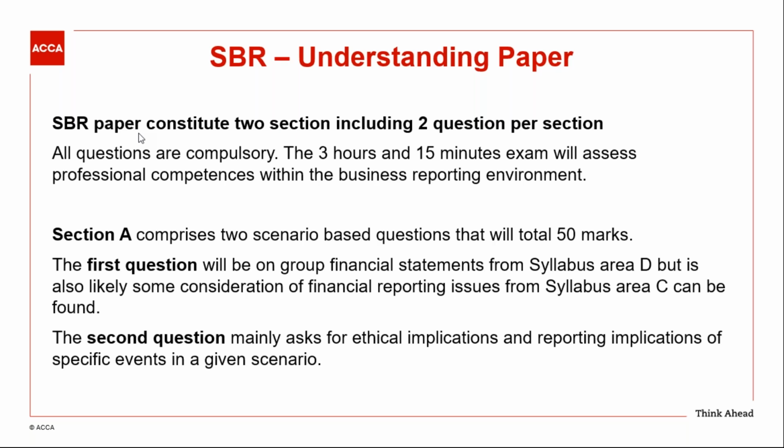So in this paper, you might be providing the calculation, and not just the calculation, you must also provide some discussion on that specific area, how you have accounted for a specific item within the financial statement.